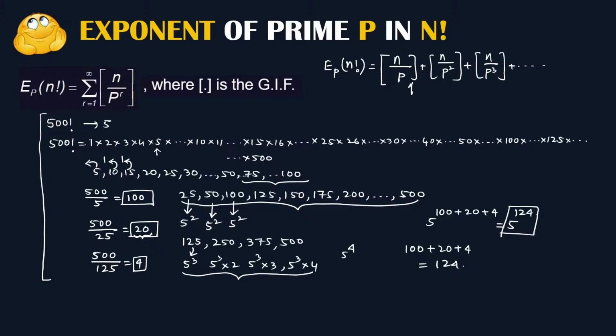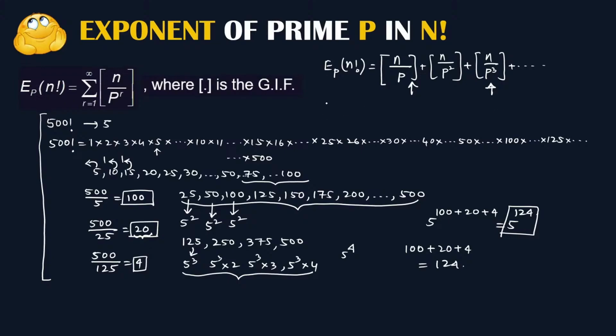Until the value of the greatest integer function comes to 0, we will go on continuing this. Whatever result we get is the exponent of the prime p.